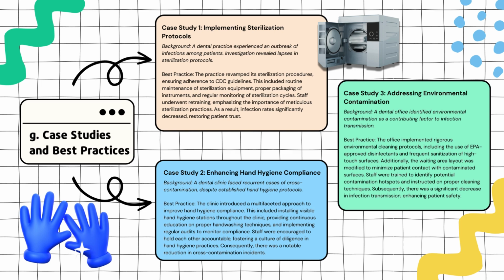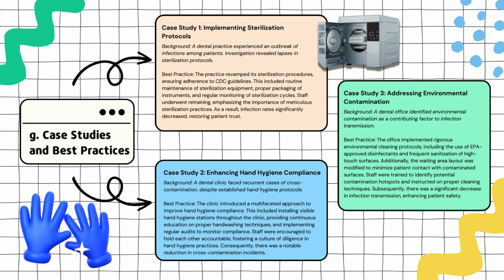This included routine maintenance of sterilization equipment, proper packaging of instruments, and regular monitoring of sterilization cycles. Staff underwent retraining, emphasizing the importance of meticulous sterilization practices. As a result, infection rates significantly decreased, restoring patient trust.